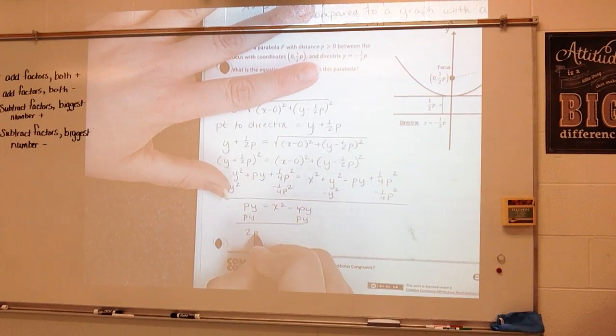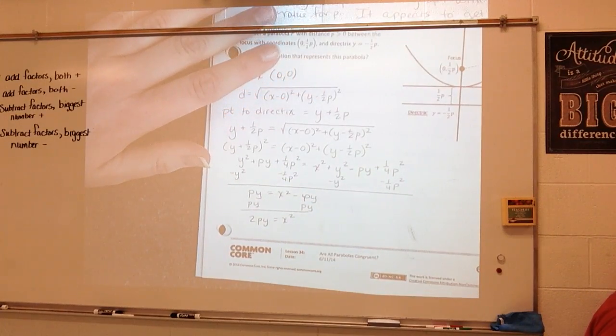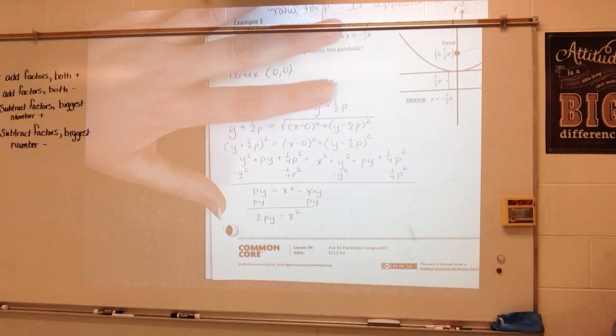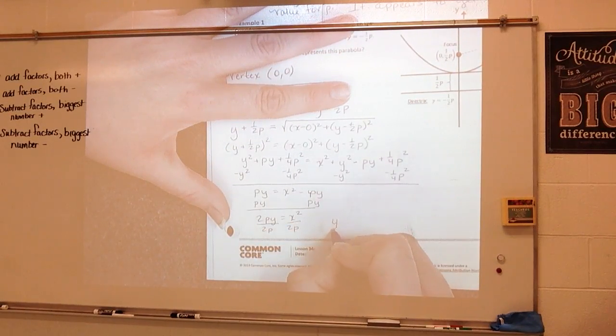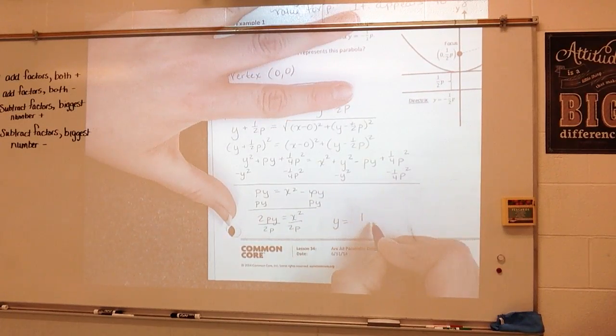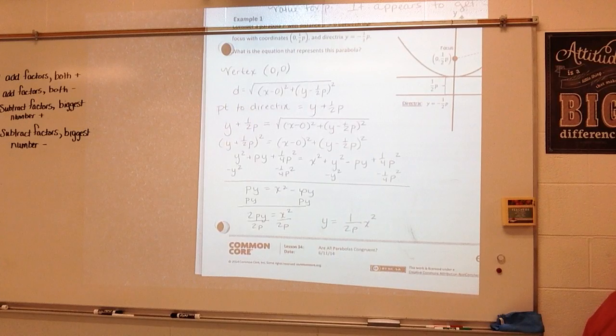I have 2py is equal to x squared. I need to solve for y, so I'm going to divide by 2p. So y is equal to 1 over 2p x squared, or you can leave it as x squared over 2p, however you want to leave it. So therefore, this is my equation for my parabola.